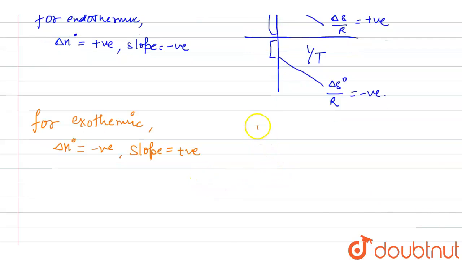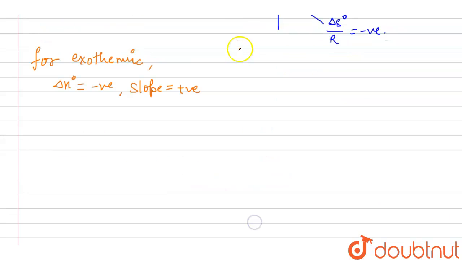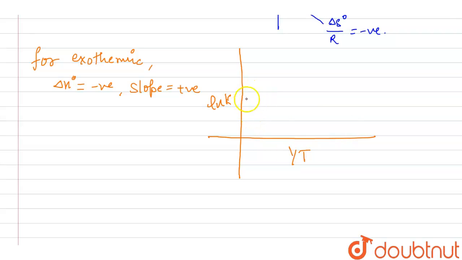So the graph for this case, ln k versus 1 by T, will be a positive slope, so the straight line will be like this, and this intercept will be a positive value if delta S naught upon R value is positive in this case.